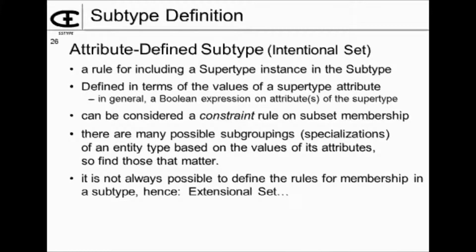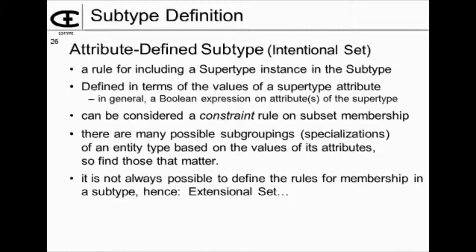You could consider it as a constraint rule, if you like, on subset membership. There are many possible subgroupings or specializations of any type based upon any of the values of its attributes, so we look for those that matter. Any attribute of an employee, if I have an employee supertype, could be the basis for setting up subtypes. It's not always possible to define the rules of membership in a subtype.